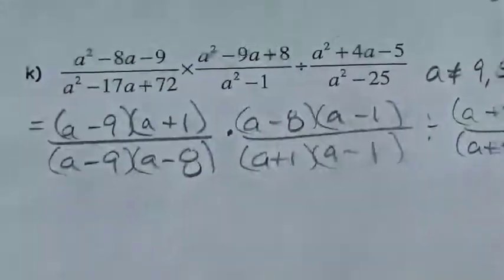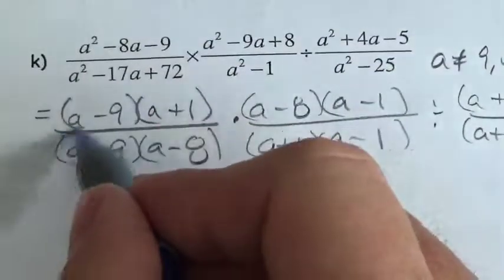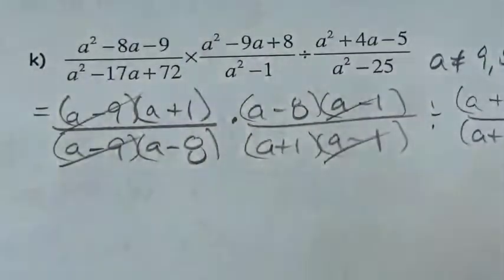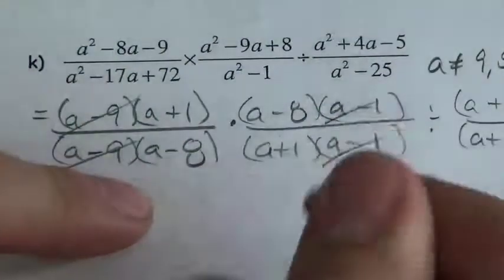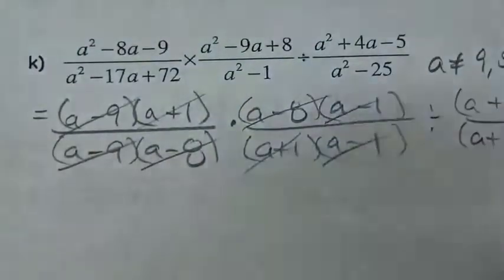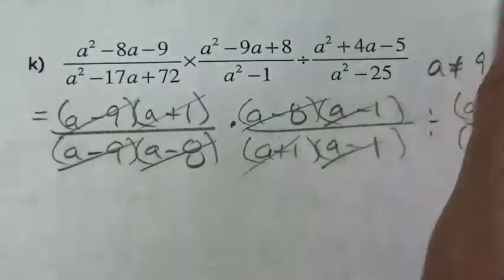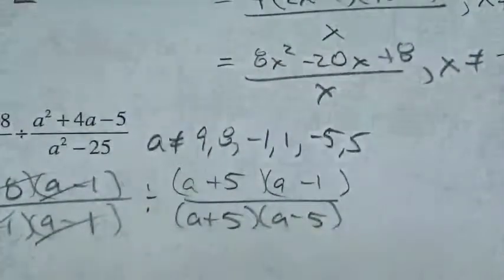Before I do that, because I am essentially lazy, I'm going to start to cancel things that really aren't necessary anymore. These two are not necessary anymore. I lined those up. These two are not necessary anymore. Because of the way multiplication works, everybody look at this: a minus 8, a minus 8, a plus 1. This whole thing becomes 1 as long as I obey these restrictions.